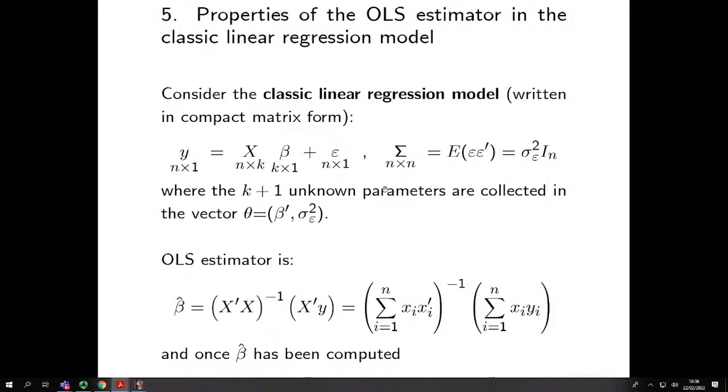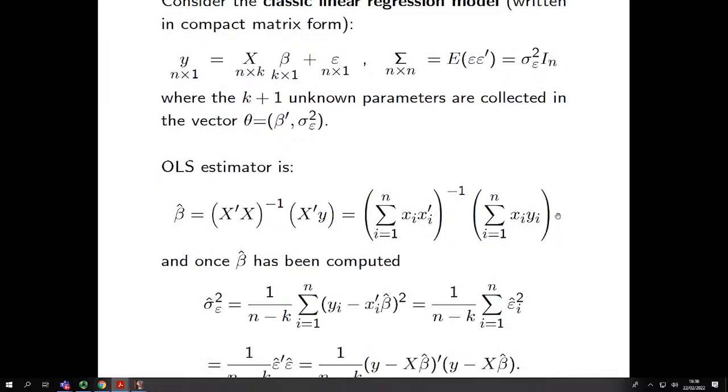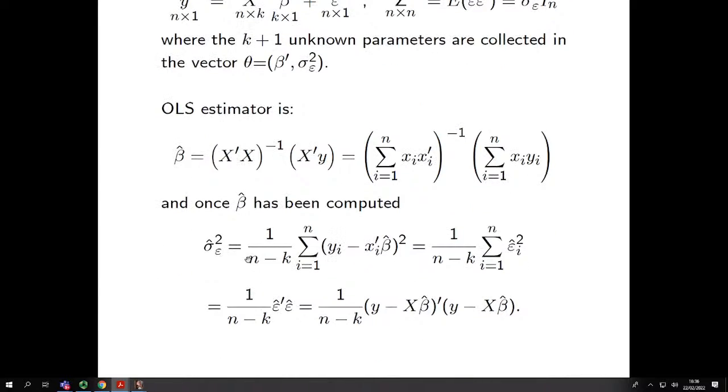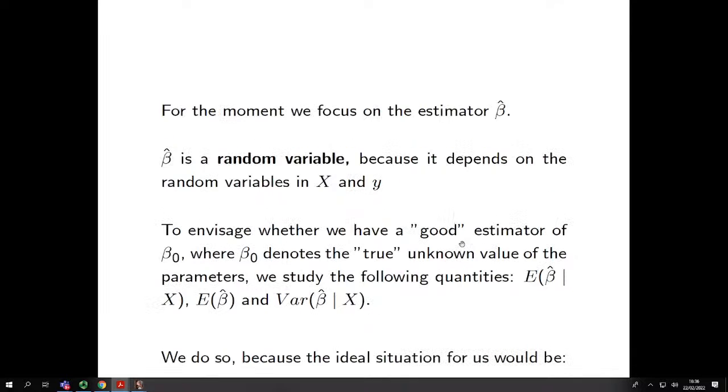So in the classic linear regression model, we know that the OLS estimator is given by this expression, and we know the estimator of sigma square epsilon, which is an average of square residuals. Think about the example of the 11,748 households. You understand that dividing by n or n minus k, where k was 2, does not change very much.